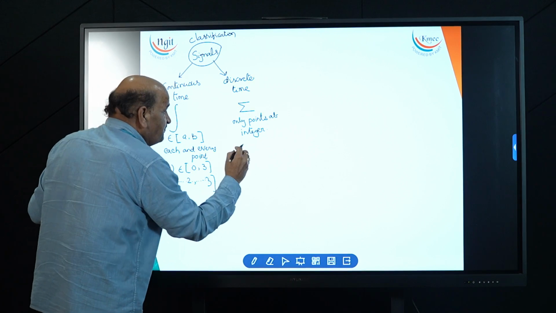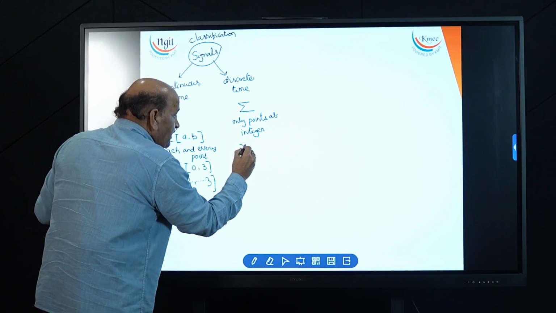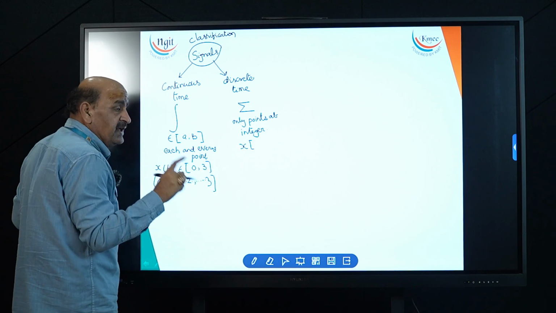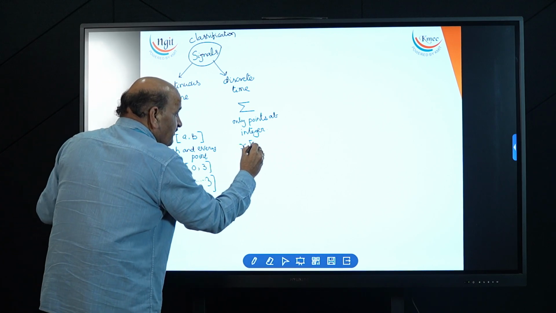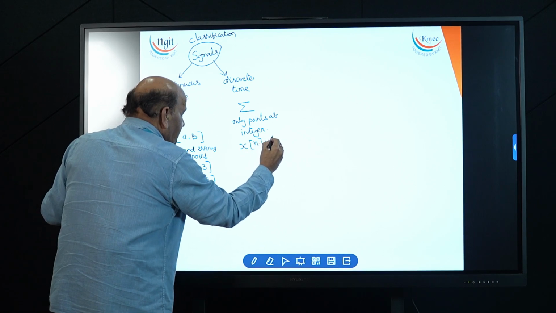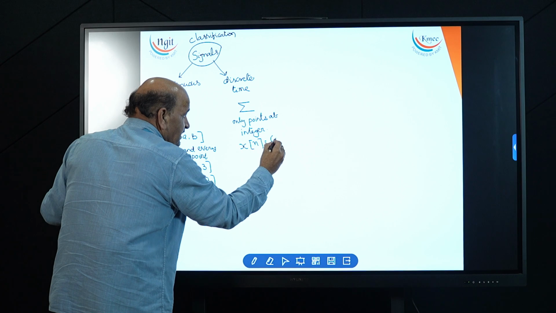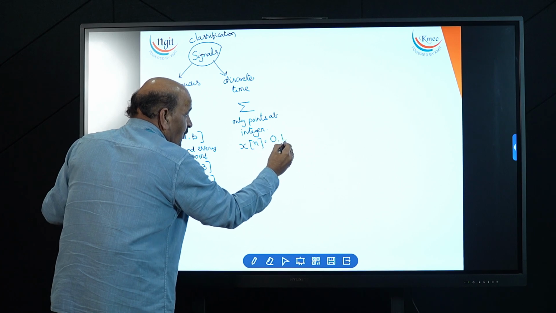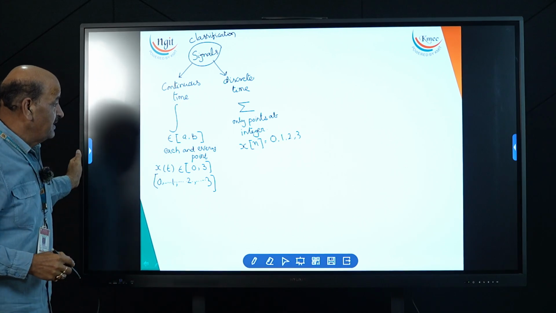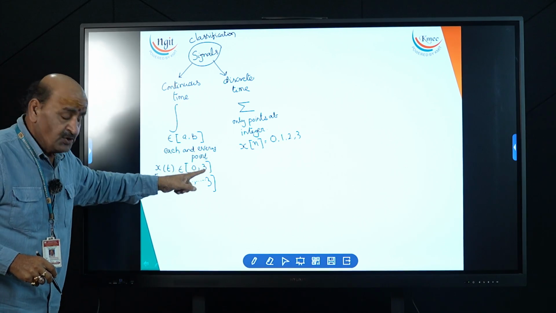Now come to this one. Take the same. In discrete, we don't use the variable t. Instead, we use the letter n. n between 0, 3 means it is written as 0, 1, 2, 3 only. Now look at the difference between the two notations.